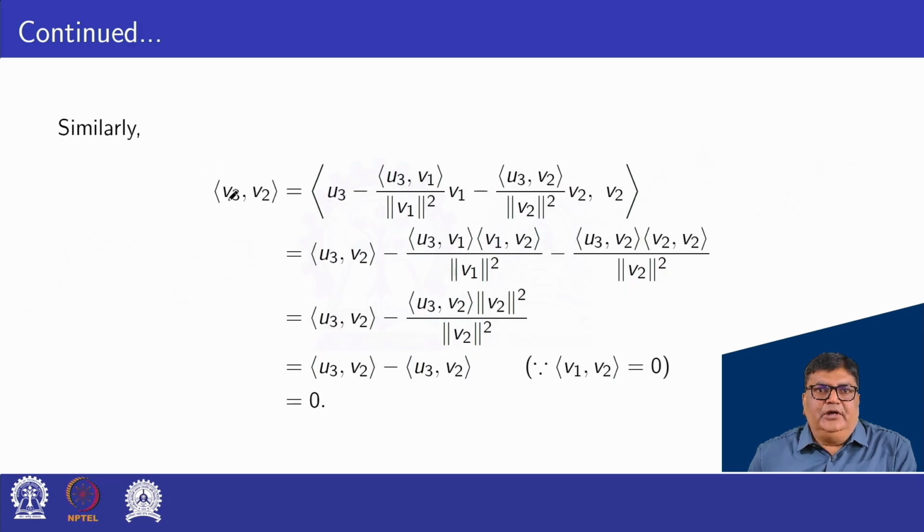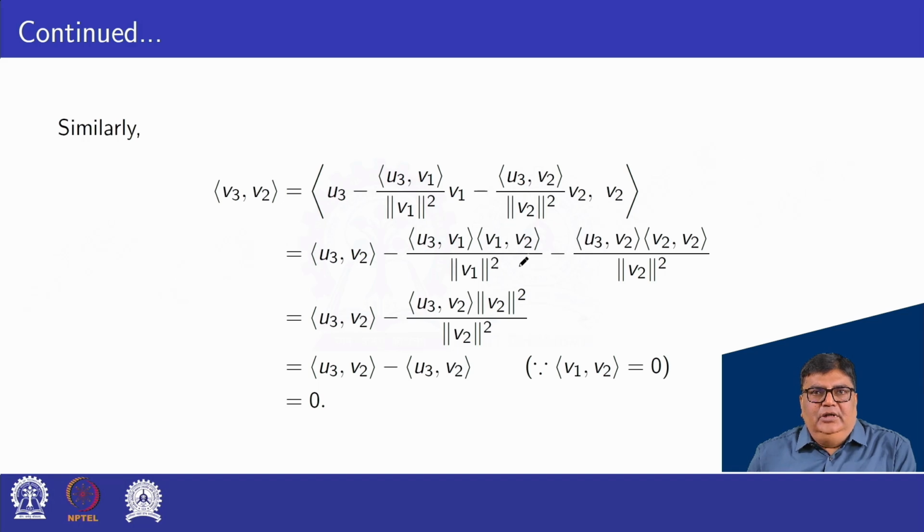Similarly, the inner product of V3 V2. Putting the value of V3 here, as above, and V2. So inner product of U3 V2 minus scalar inner product of U3 V1 upon norm of V1 square into inner product of V1 V2 minus scalar inner product of U3 V2 upon norm of V2 square into inner product of V2 V2.